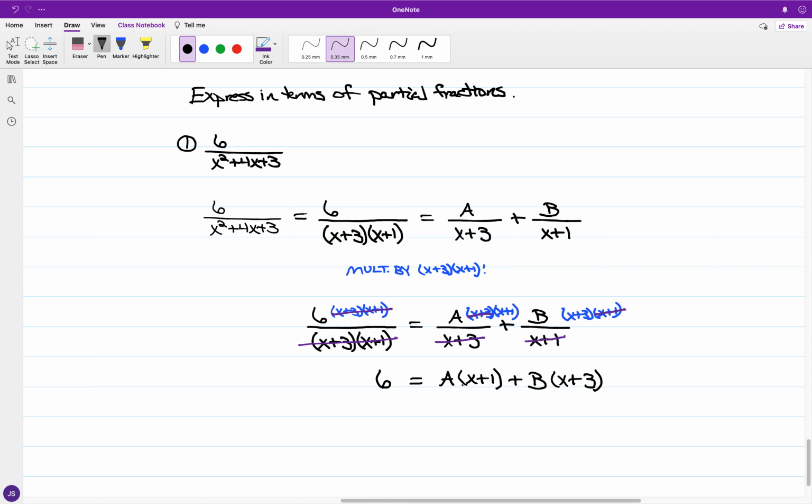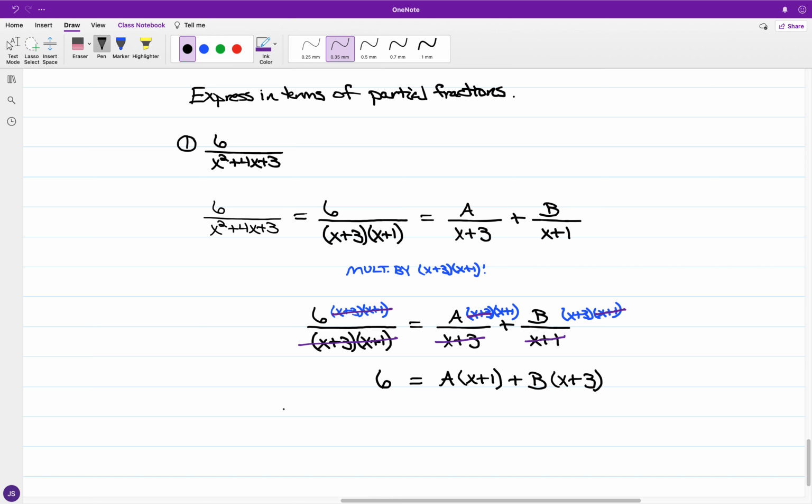Let's say I solve for a first, so I'm going to eliminate b. How do I get rid of b? Well, notice that b is multiplied by x plus 3. And if I set x plus 3 equal to 0, what is the x value going to be? It is going to be negative 3.